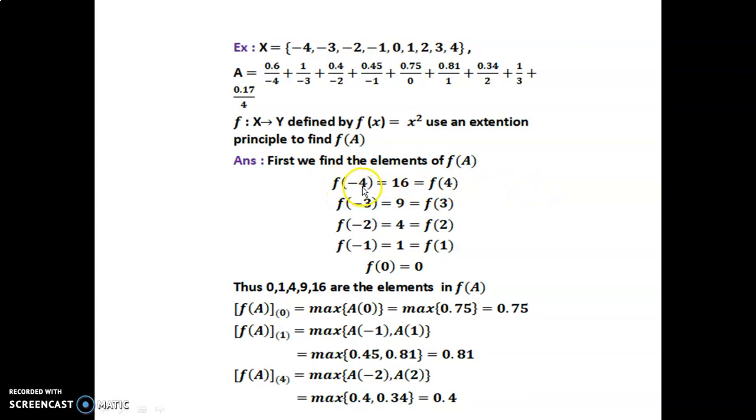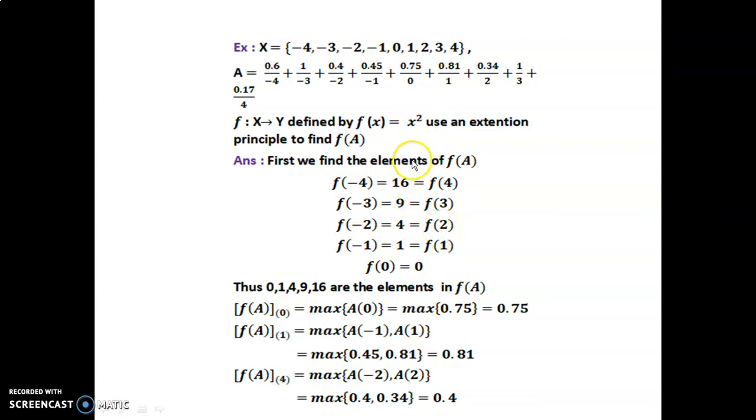So f of -4 equal to, put x equal to -4. This -4 bracket square gives 16. Similarly, for f of 4, the answer is the same, that is 16. Now next, for the element x equal to -3, f of -3 equal to 9. For f of 3, the answer is 9. Put x equal to -2, so -2 square gives 4.